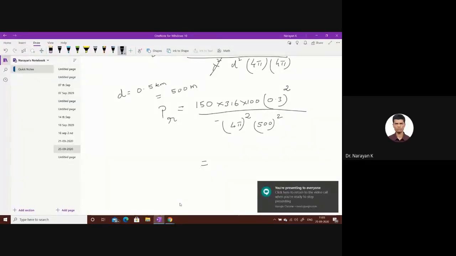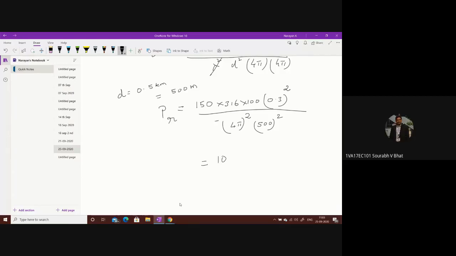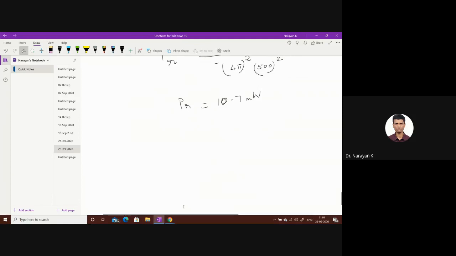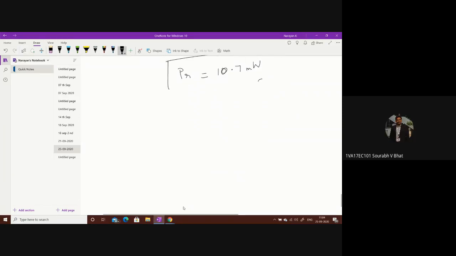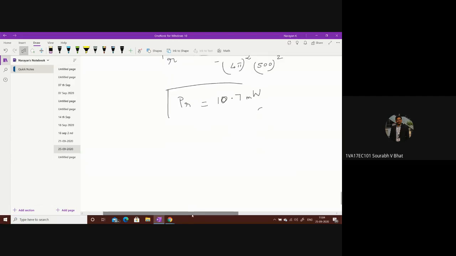Is it 10.7 or 10.8? Sir, I got 10.7. Okay, we will go with what Saurabh has got. This is the power received. What is the input power? 150 watts, sir. Power transmitted.